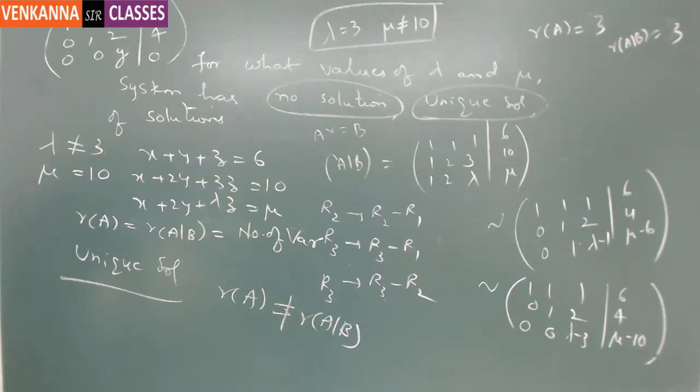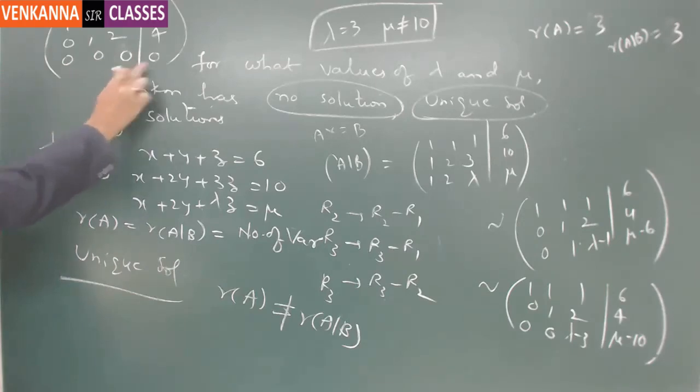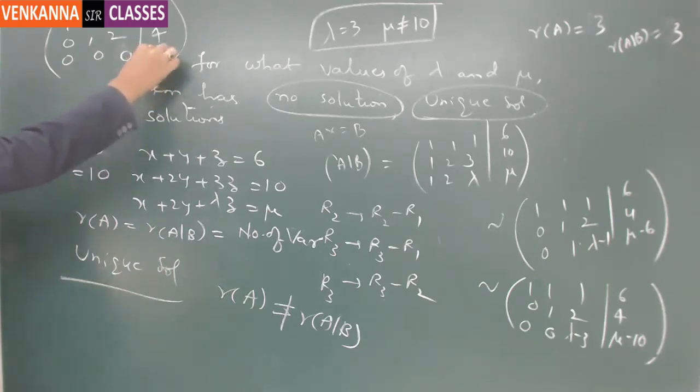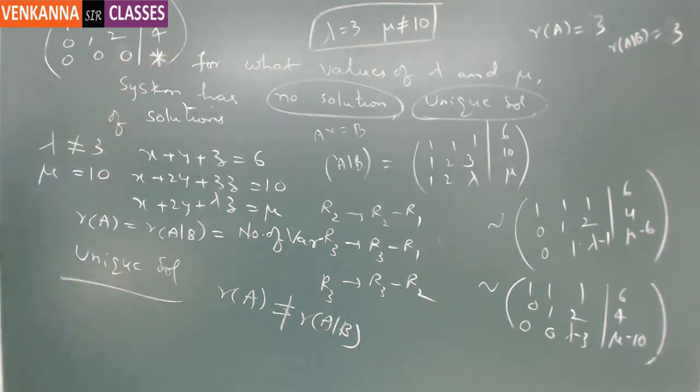So if you want to say that it always has no solution, the fundamental thing is this part must be completely 0. Here you should get a non-zero entry. Then only rank of A and rank of A by B will be unequal. It will be inconsistent. Any questions to anyone?